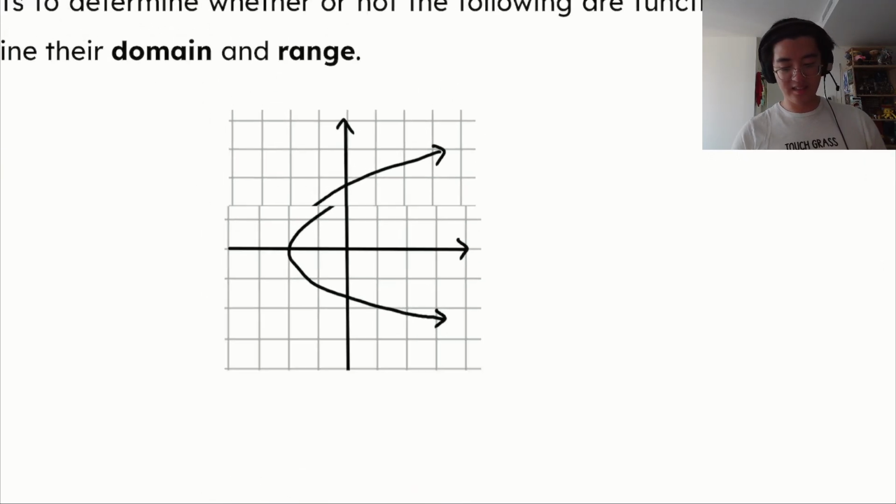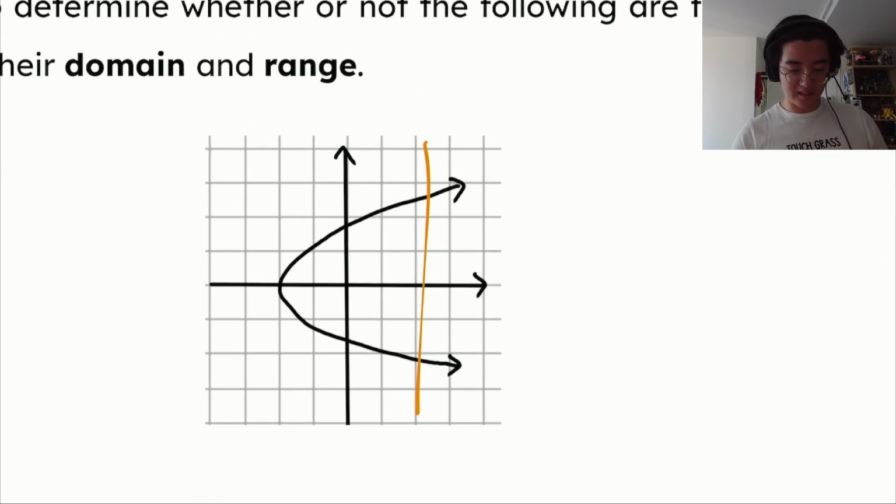Next one. Okay. So this one here, right away, we notice that with our vertical line scan, it hits 2 points on the graph. We got this point here and then this point here.